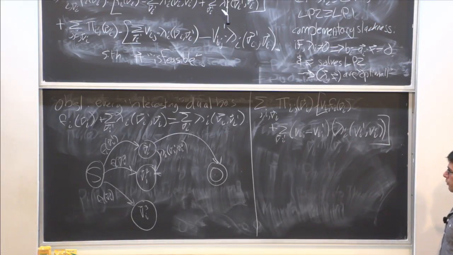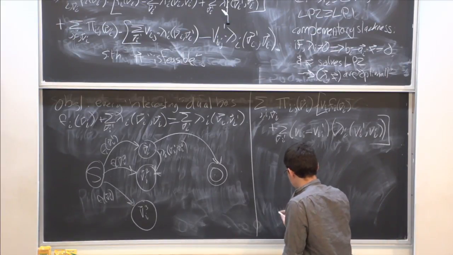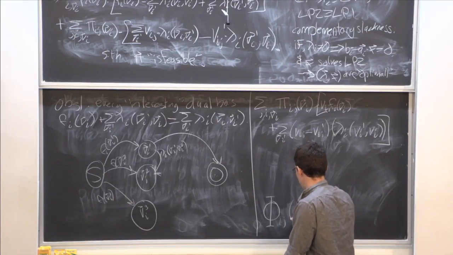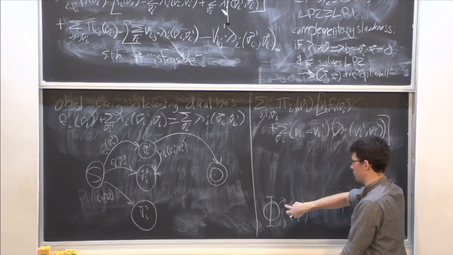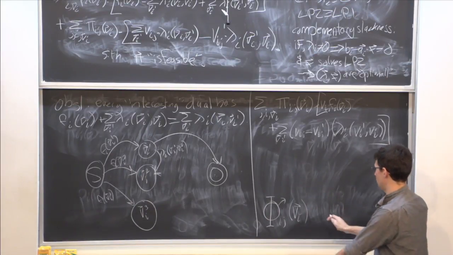Okay, so now I want to do one last rewriting, and then I'll claim that I've rewritten it in an interesting way. Okay, so I want to define, say, big phi ij of vi. I might forget to write the superscript, but it depends on the dual solutions.